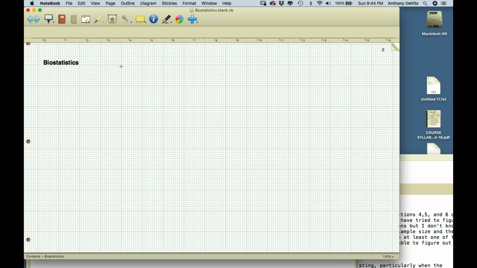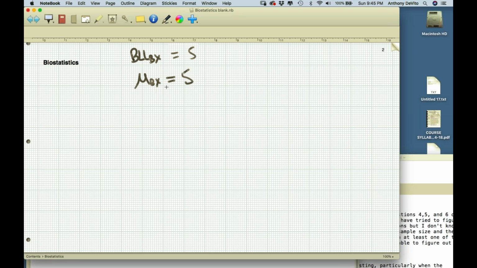I know that I want to know if the blood lead level for children in the Bronx is equal to 5, right? So what I want to know is if the mean blood lead level in children in the Bronx is equal to 5, right? So I'm going to start off with a hypothesis.